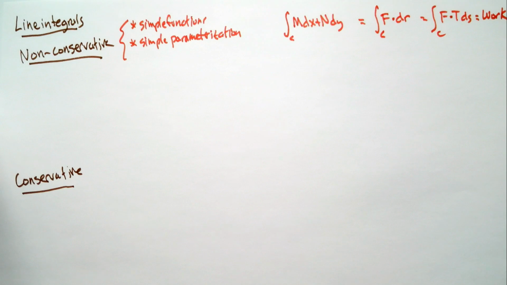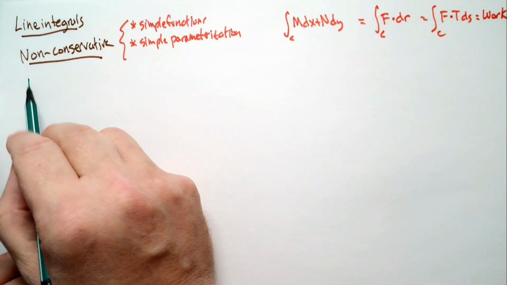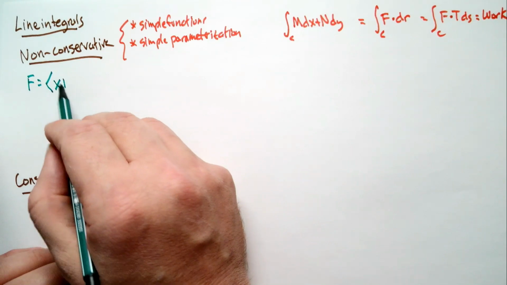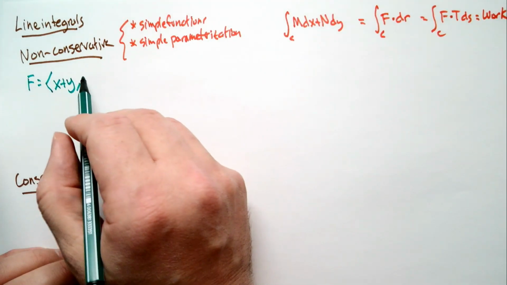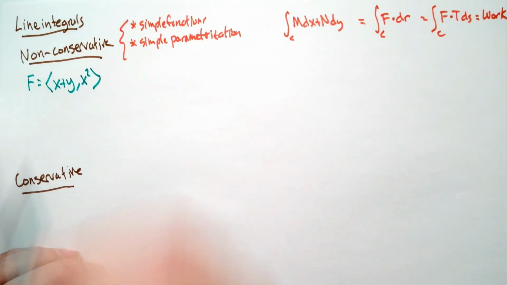Now, how do you do these integrals? Well, let's try to make something up. Since we're doing not conservative first, remember, simple functions, simple parameterizations. So we could have a function, for example, maybe F is x plus y and x squared. Okay, something easy.